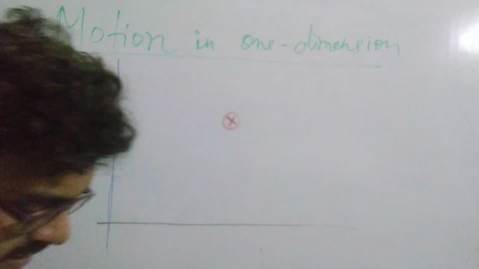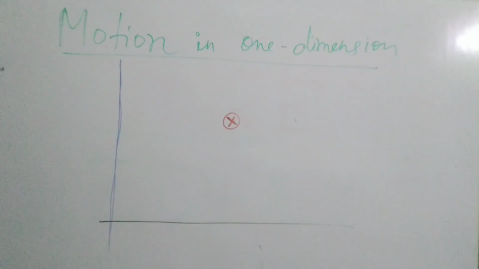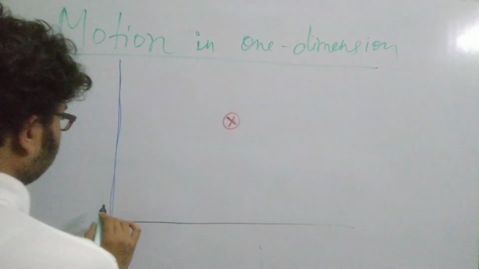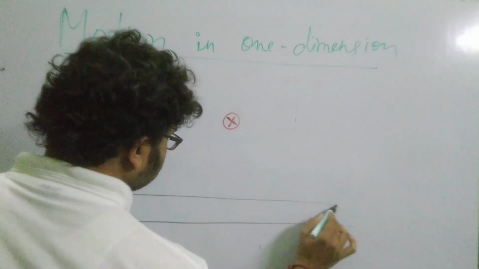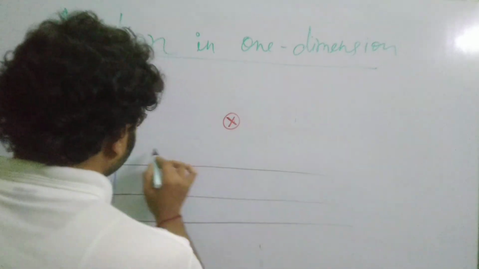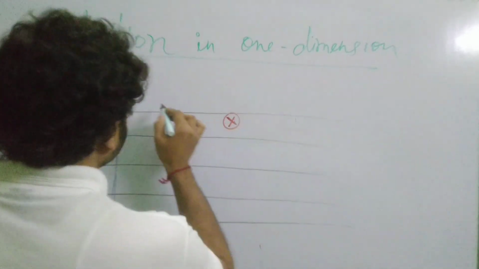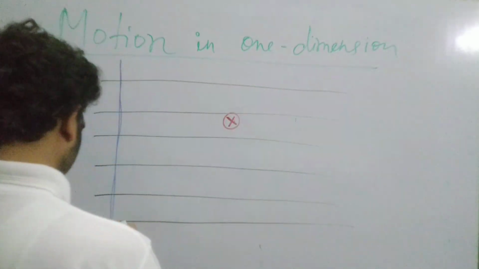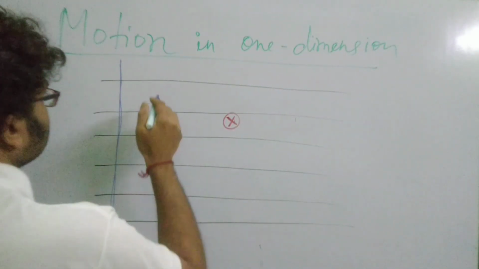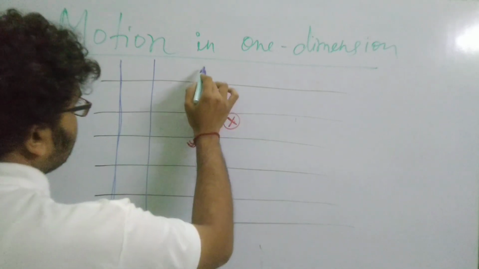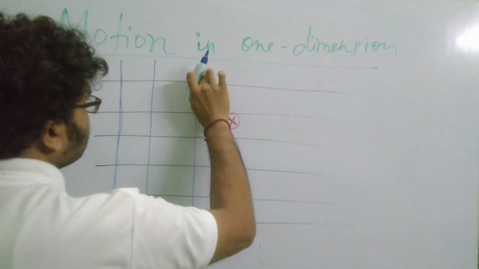I think the view is clear. Yes, perfect. Now if you just keep on adding grid lines like this, and if you draw the vertical lines also like this at equal distance, obviously it must be at equal distance.